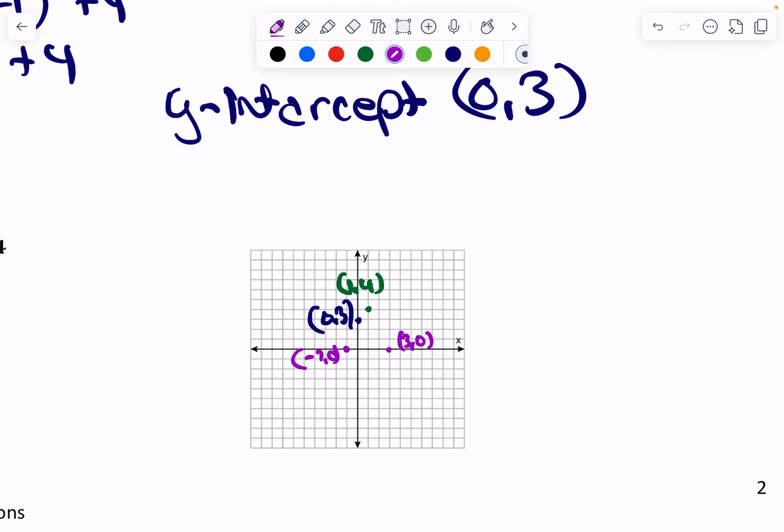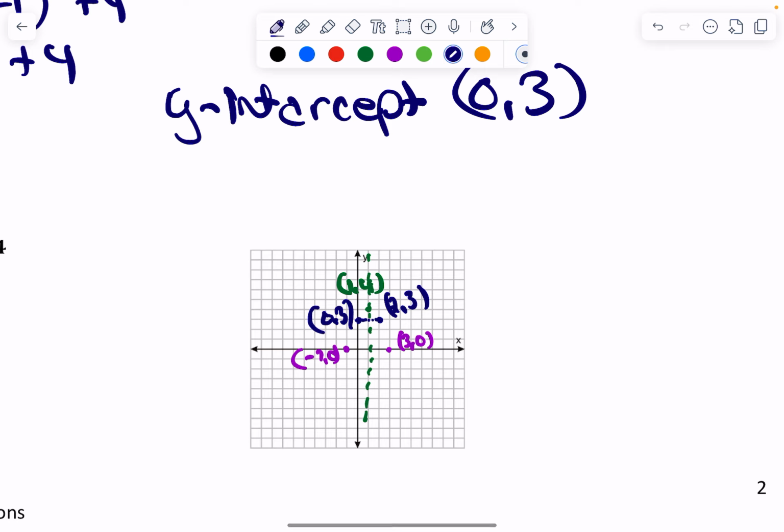What I can do, even though I don't have a point on the right side to make it a little bit easier, remember that this is symmetric along the vertex right here. So since this point here is 0, 3, our y-intercept is here, there needs to be a point right across from it, with the same length from the axis of symmetry. So there is a point 2, 3.